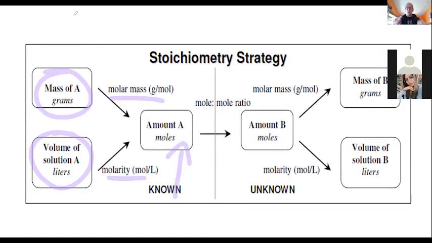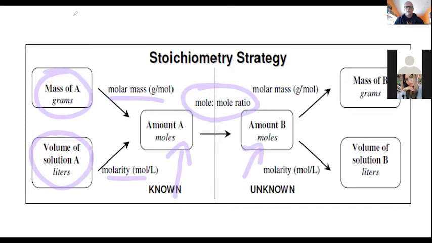That gives us moles of reactant A. Then either we have reactant B or product B. Being that we know what the moles of A are, where do we get the mole to mole ratio from? Can anyone tell me that? How do we figure out what the mole to mole ratio is between A and B?